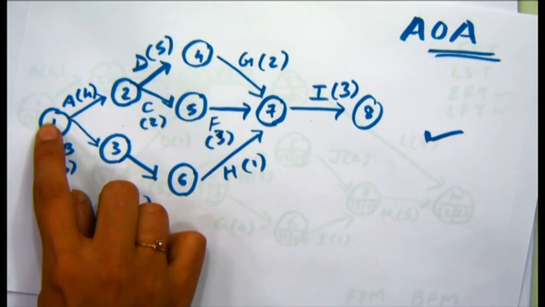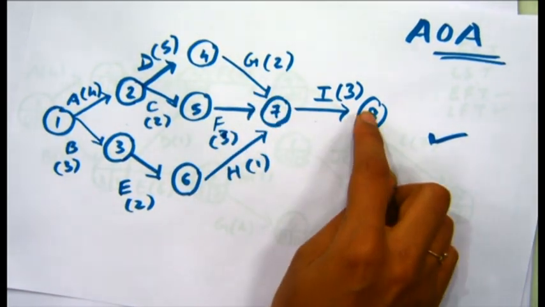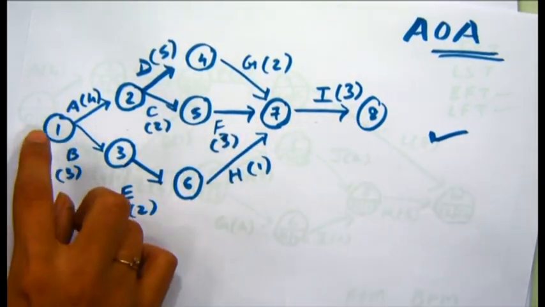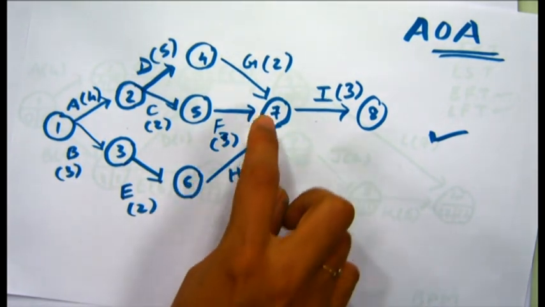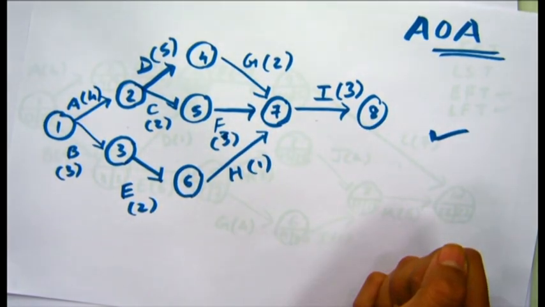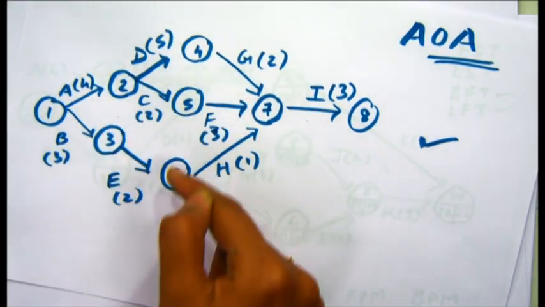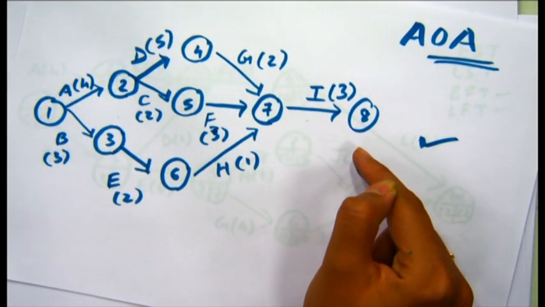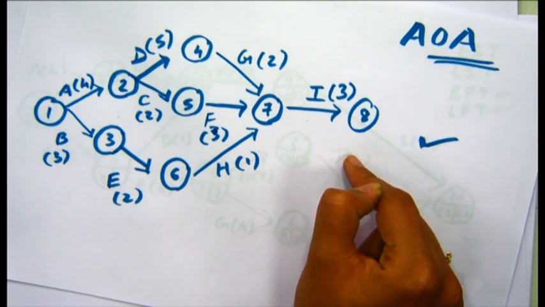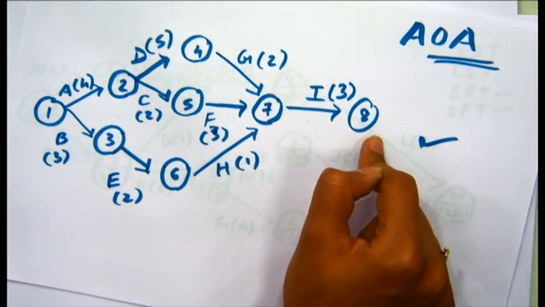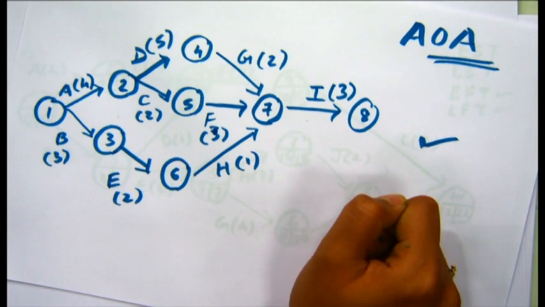We have path 1, 2, 4, 7, 8. We have path 1, 2, 5, 7, 8. And we have path 1, 3, 6, 7 and 8. So we have different times that all these paths will take for the completion of the project. But the path which takes maximum time to reach the end of the network is called the critical path.